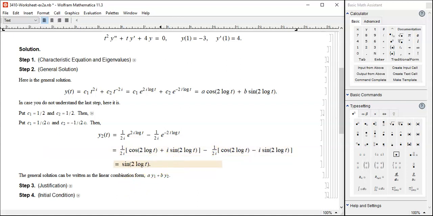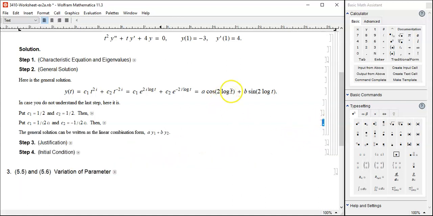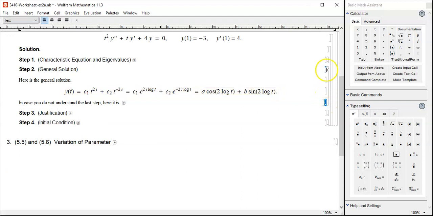Eventually that will give me sine of 2 log of t. So we got two solutions, y1 and y2, and how did you get those? By plugging in appropriate values of C1, C2: 1/2, 1/2, or 1/2i, -1/2i. Just strategically select those values, and then we get cosine and sine form. Okay, we got those solutions.